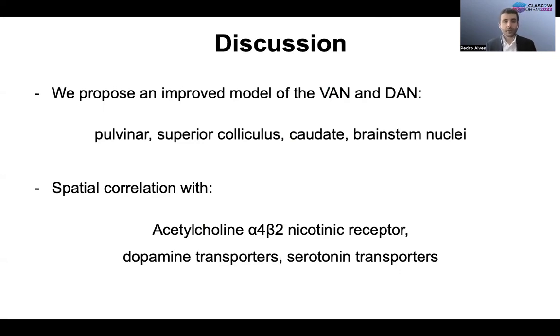With these results, we propose an improved model of the ventral and dorsal attention networks that includes the pulvinar, the superior colliculi, the caudate, and the cluster of brainstem nuclei, whose projections are especially correlated with the distribution of acetylcholine alpha-4 beta-2 nicotinic receptors and with the dopamine and serotonin transporters.